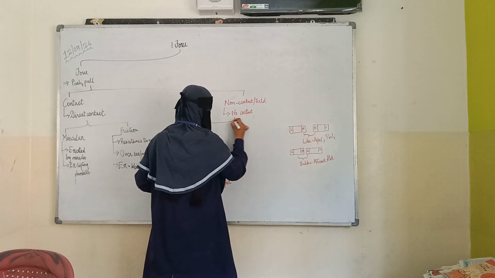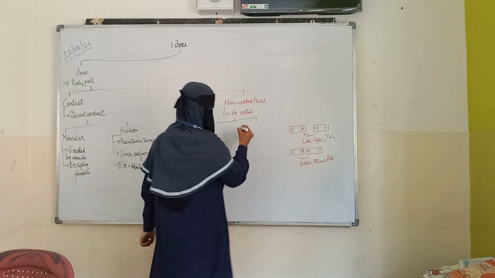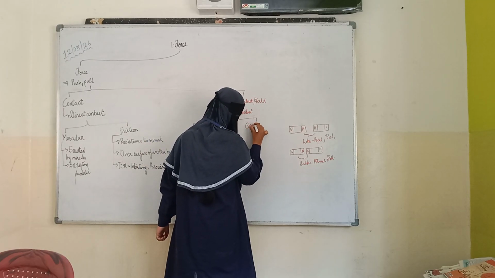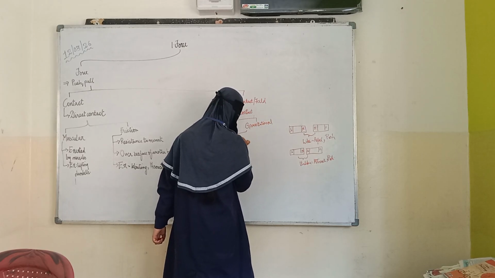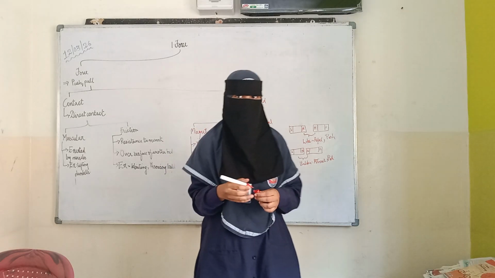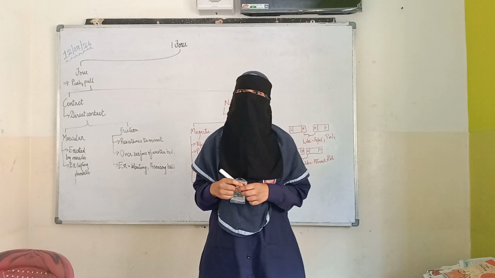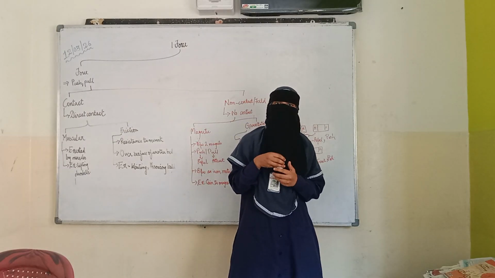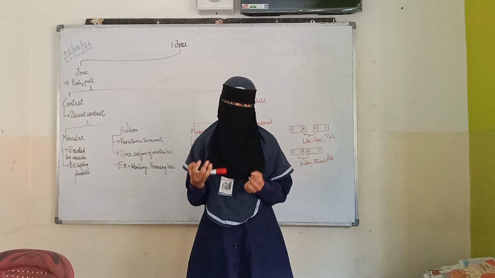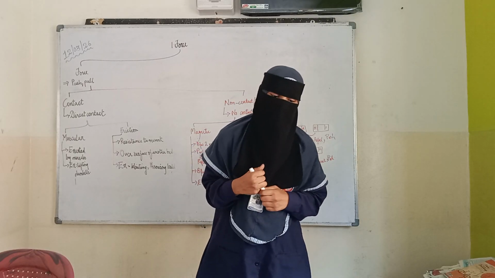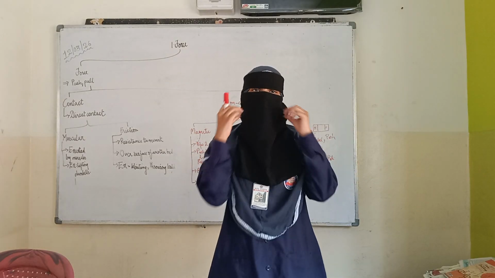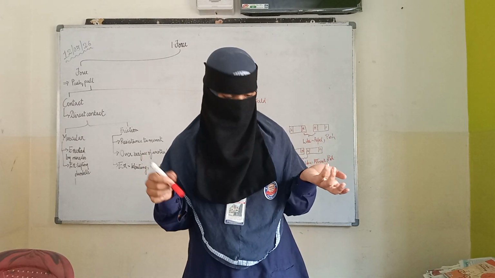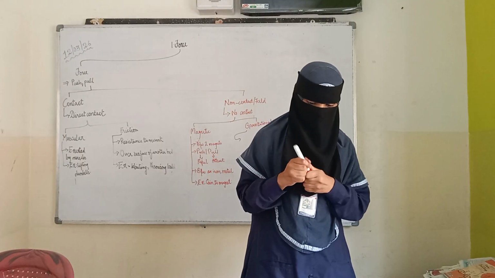The next type is gravitational force. What is gravity? The property of Earth by which it can pull everything towards its surface is known as gravity. So gravitational force is nothing but the force exerted by gravity of the Earth.